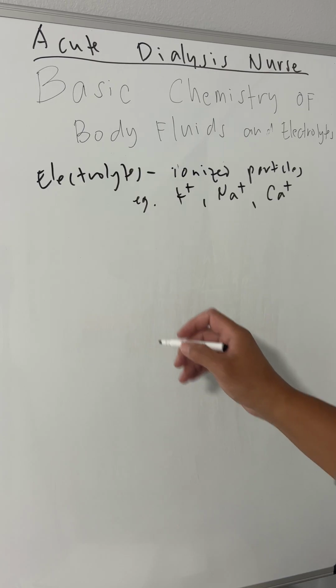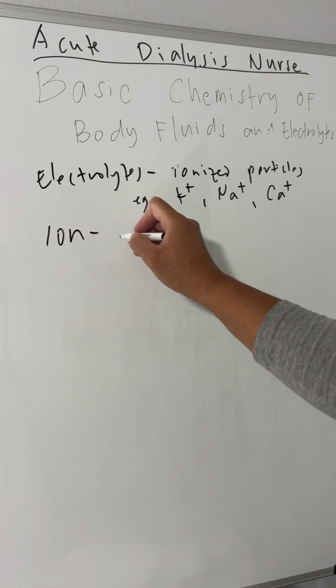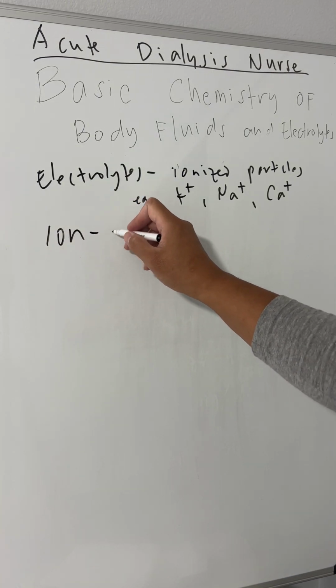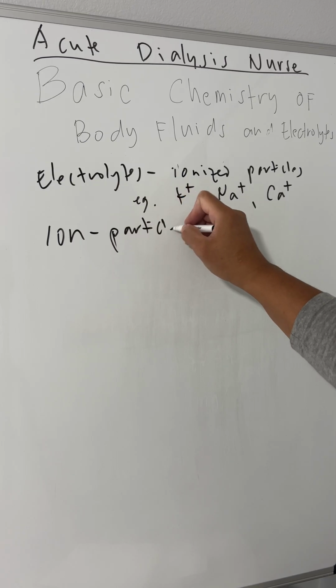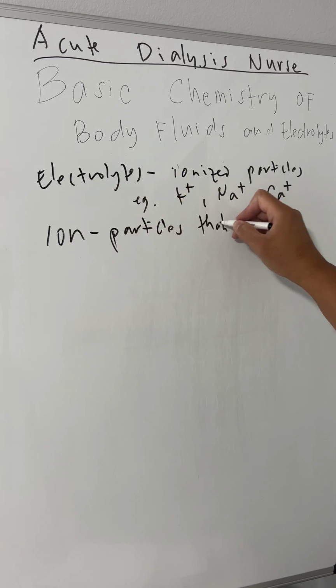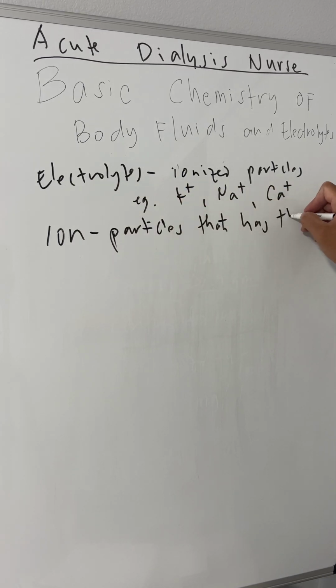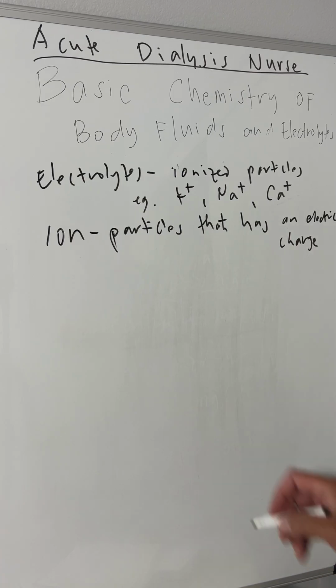And then we have here ion. What's an ion? These are particles that have an electric charge. Again, ion, these are particles that have an electric charge.